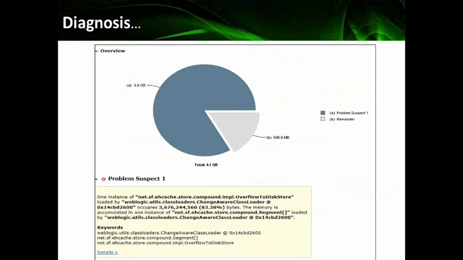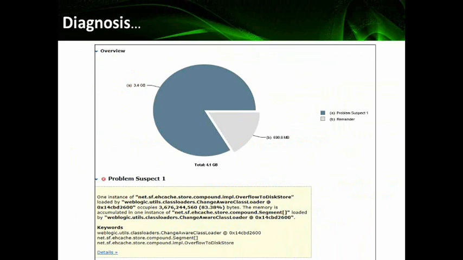In this slide, this is the heap dump snapshot collected during our tests, and the viewer is Eclipse. If you look at the pie chart, you see that 80% of the actual memory, 3.4 GB, is occupied by one particular object.